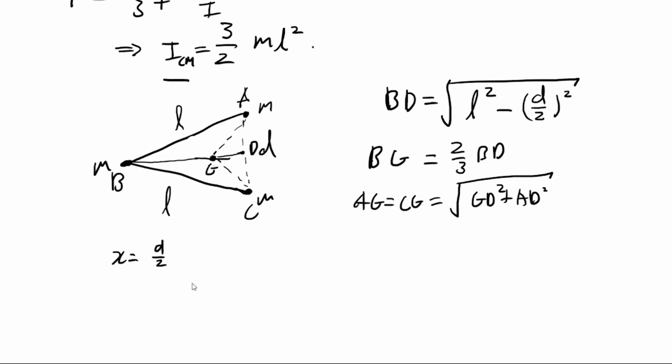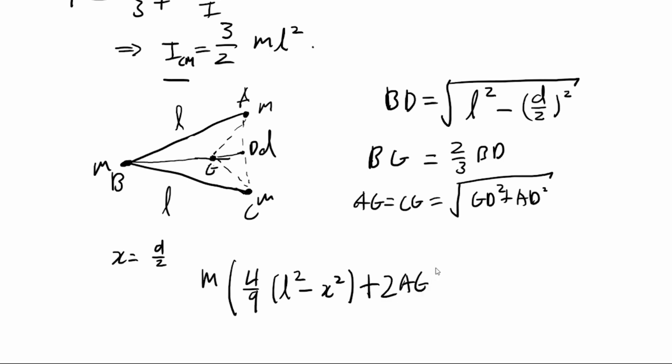And so now we have the moment of inertia is equal to M times, so BG squared is going to be the first one, which is 4/9 times L squared minus X squared plus, well, now we want 2 times AG squared, and so we write AG squared, which is equal to GD squared plus AD squared, which is equal to X squared.